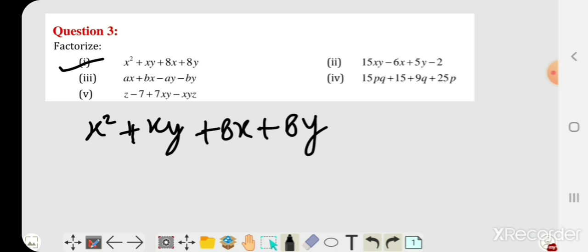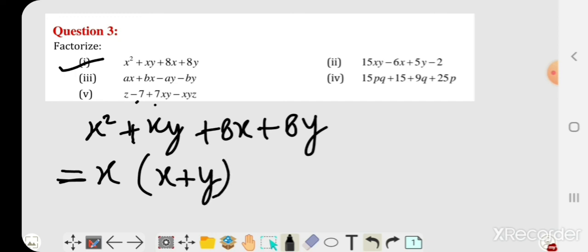So here I am just making a set of these two and these two. Why? Because in the last two terms 8 is common, and in the first two terms x is common. So after taking x out, what remains? x plus y. Here x remains and here y, plus, then in the last two terms 8 is common, so x plus y remains.